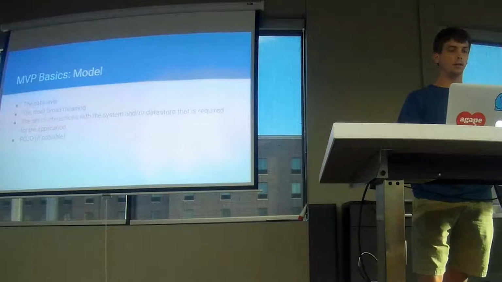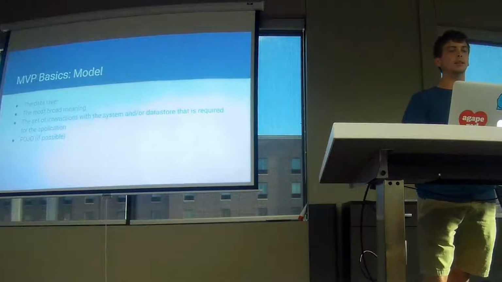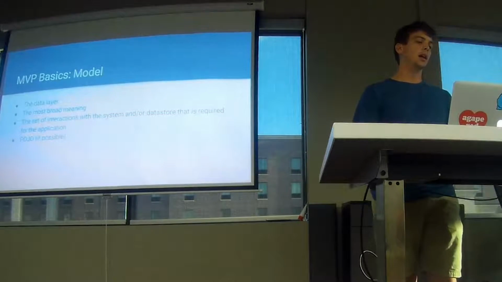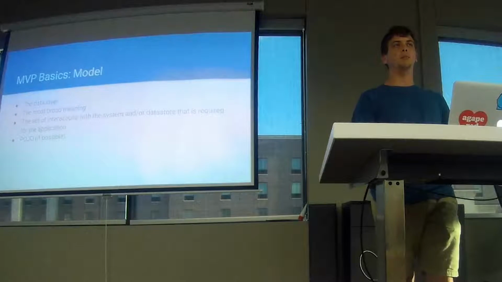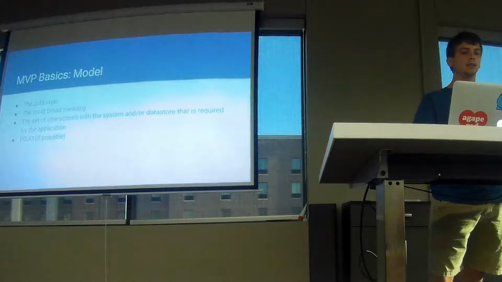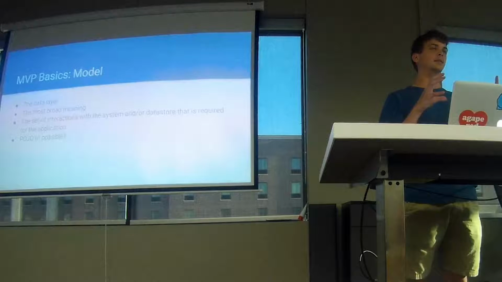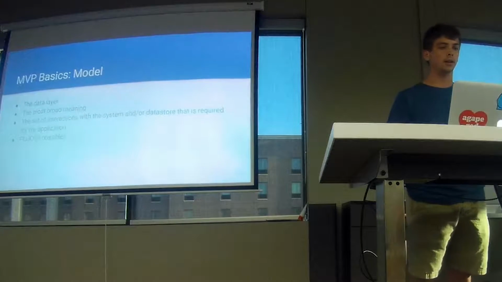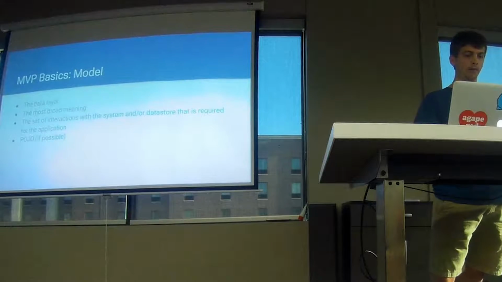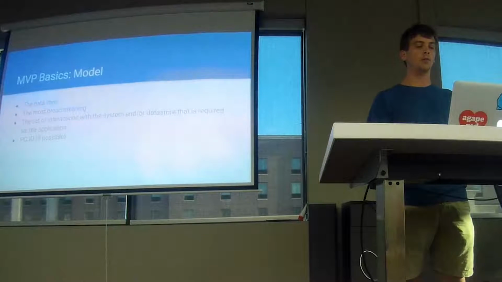So, what is a model? The model is the data layer of your application, and the model kind of has the broadest meaning out of all the components. It kind of means pretty much the part of your app that gets data. That's kind of how I think about it. So I have it as a set of interactions within the system and our database that is required for the application.